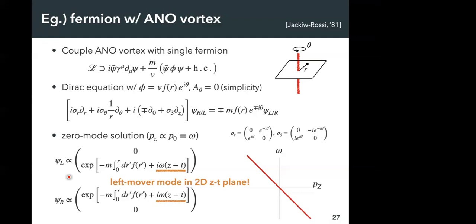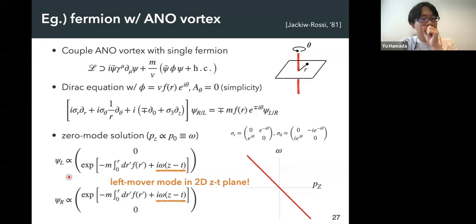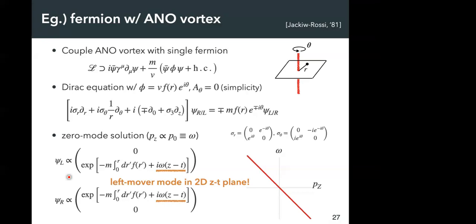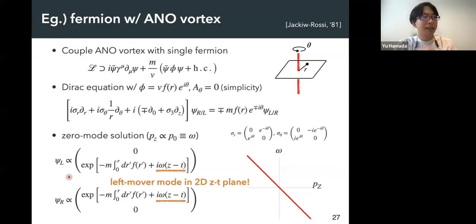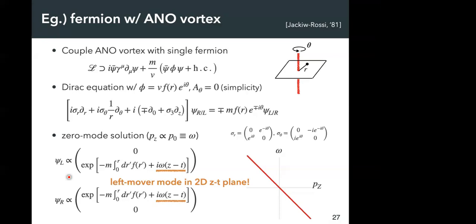So here you are saying that this left mover solution is coming from the combination of left and right, in 4-dimensional space-time. Yes. But I wonder whether such a combination corresponds to a right-handed neutrino, a right-handed fermion, in the 2-dimensional sense.